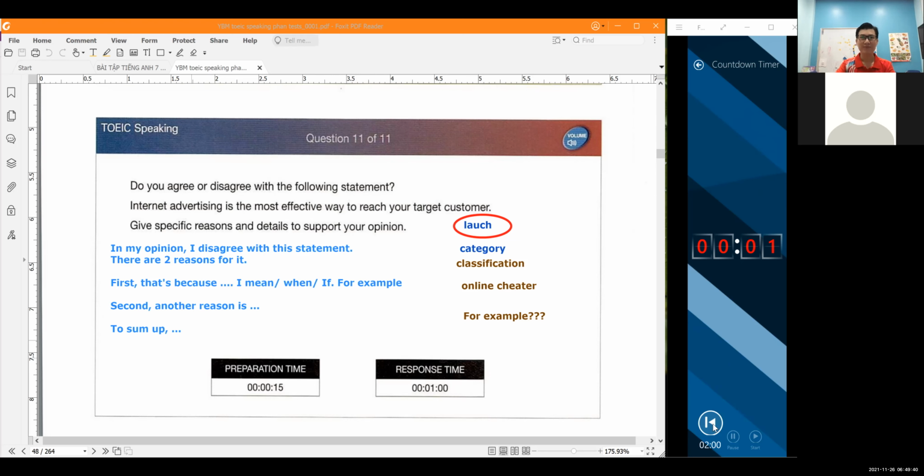They like to go to an offline store to test, to view, to touch, to feel. To sum up, internet advertising is very useful, but not the most effective way to reach the target customer.